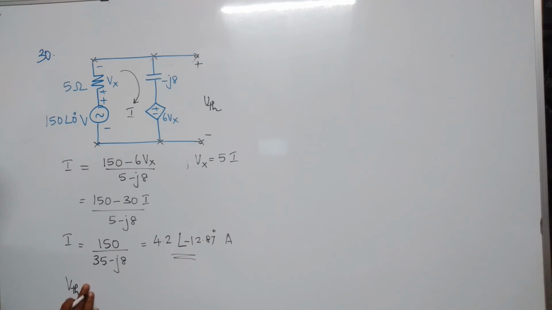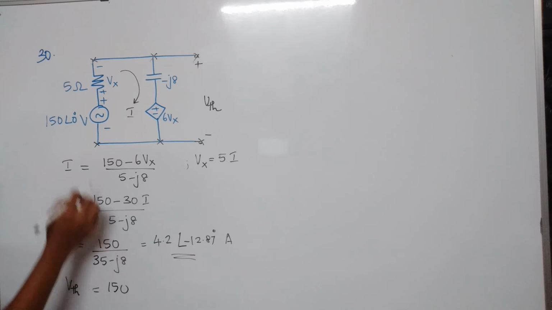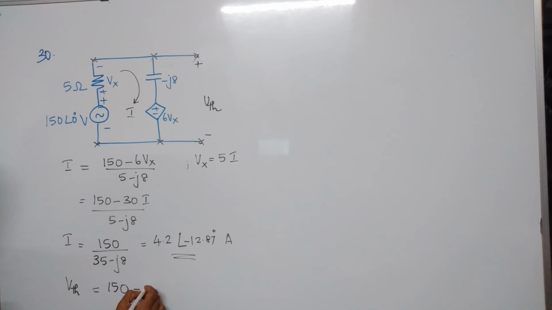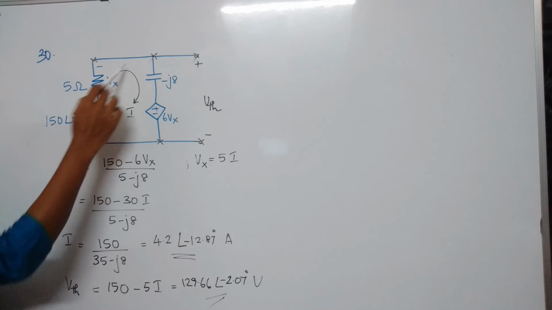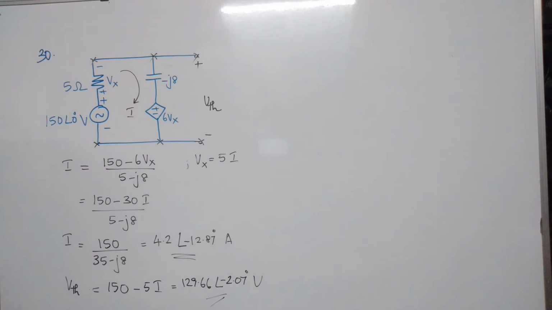VTH can be written as 150 minus 5I, because 5I is the drop across 5 ohm, which is equal to 129.66 angle minus 2.07 degree volt. This is just one method. If you want, you can use the node equation itself by writing the voltage here as VTH. For 2 branches, you can write the node equation and find out VTH. Both ways you will get the same answer for VTH.